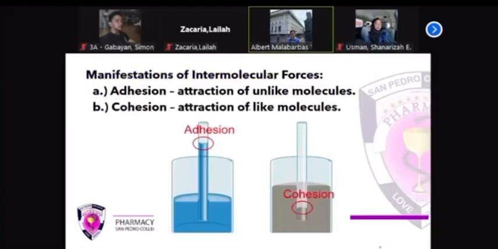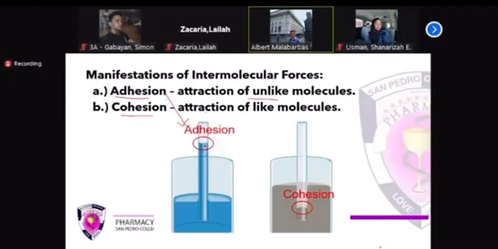Okay, so next we have the manifestations of your intermolecular forces. There are two. We have adhesion and cohesion. When we say adhesion, attraction between unlike molecules, like nandito sa baba, attraction between water and then the molecules of the glass tube, kung asa siya ni rise up, adhesion.